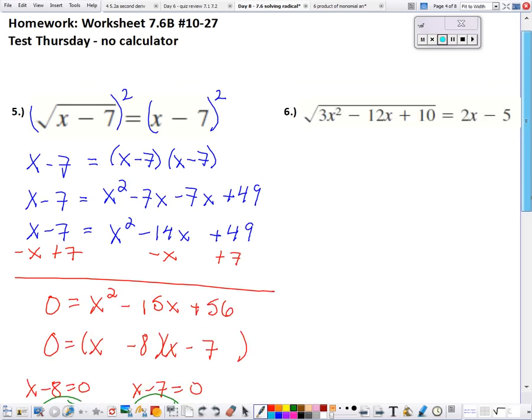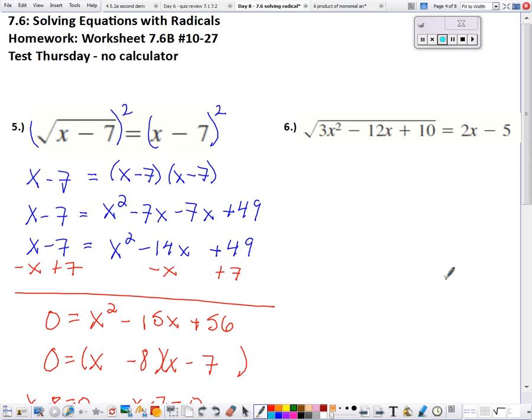Okay, now I want you to try 6. I'll pause the video. I'm going to start by squaring both sides.